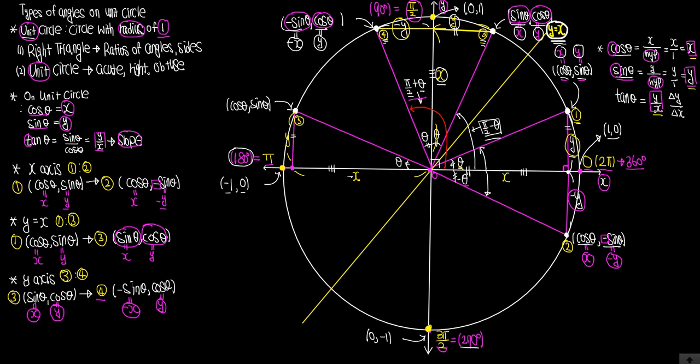We need to think about the angle rotation for this before we think about any coordinate. We already know that pi radians is this 180 degrees that I'm coloring right now. From 180 degrees, which is pi radians, you subtract the amount of theta.